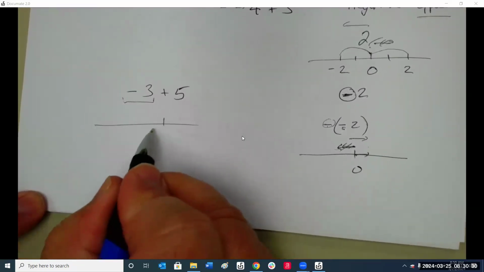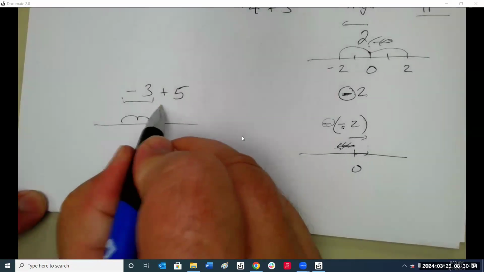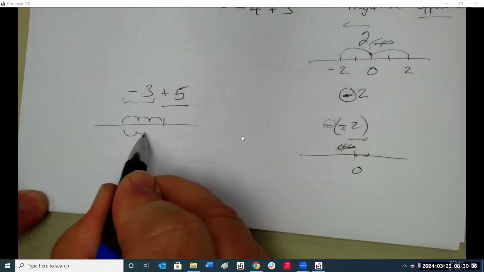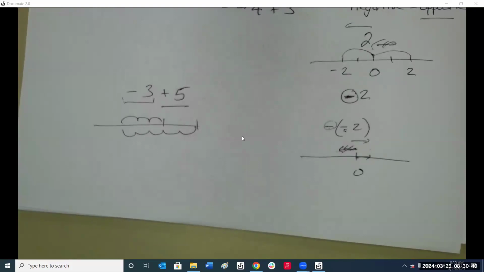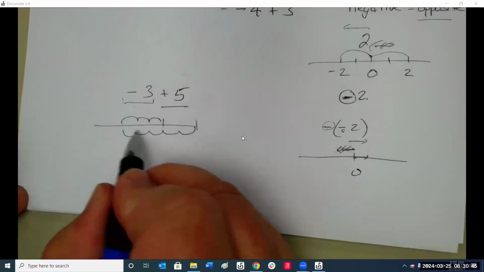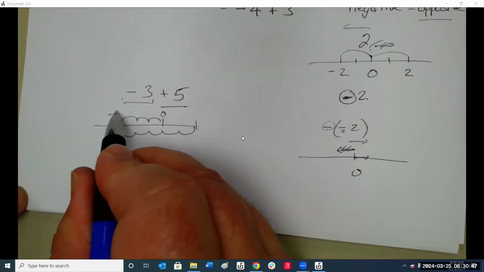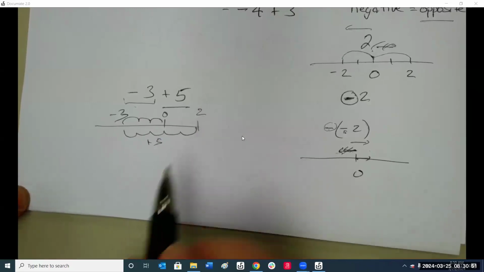So from where they are, they take 3 steps backwards. Now they take 5 steps forward. What number do they land on? So from here, we go down to -3. And then when we add 5, we go to +2.